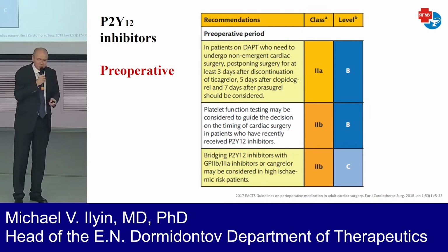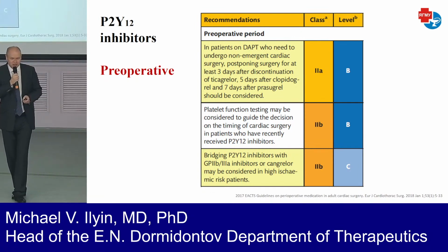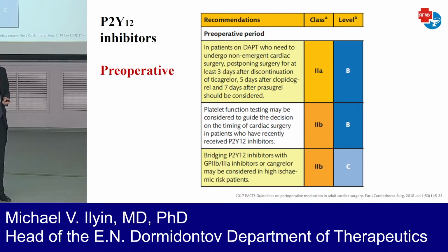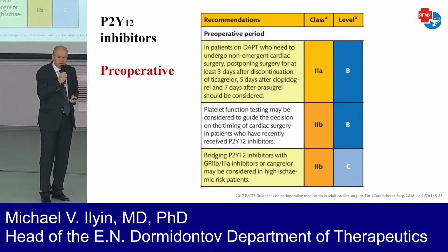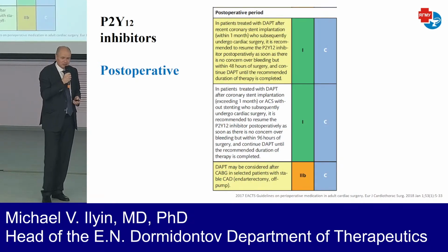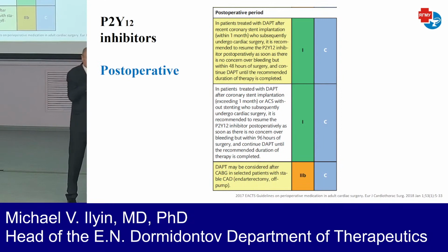And the third one, bridging P2Y12 inhibitors with GP2b3a inhibitors or cangrelor may be considered in high ischemic risk patients. So you see the double antiplatelet therapy. Very interesting.